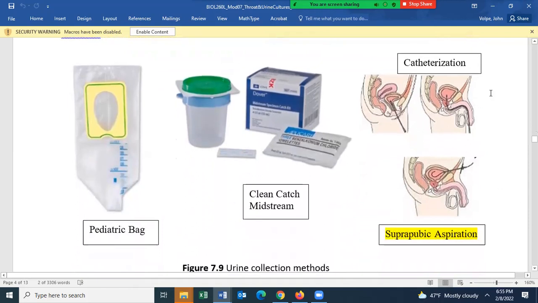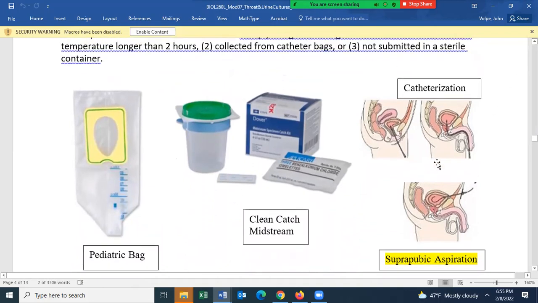A better way to get the urine specimen is to put a catheter into the bladder and then sample the urine in the bladder. However, this isn't the best way because as you're putting the catheter up the urethra, you can take bacteria from the urethra and then deposit it into the bladder.